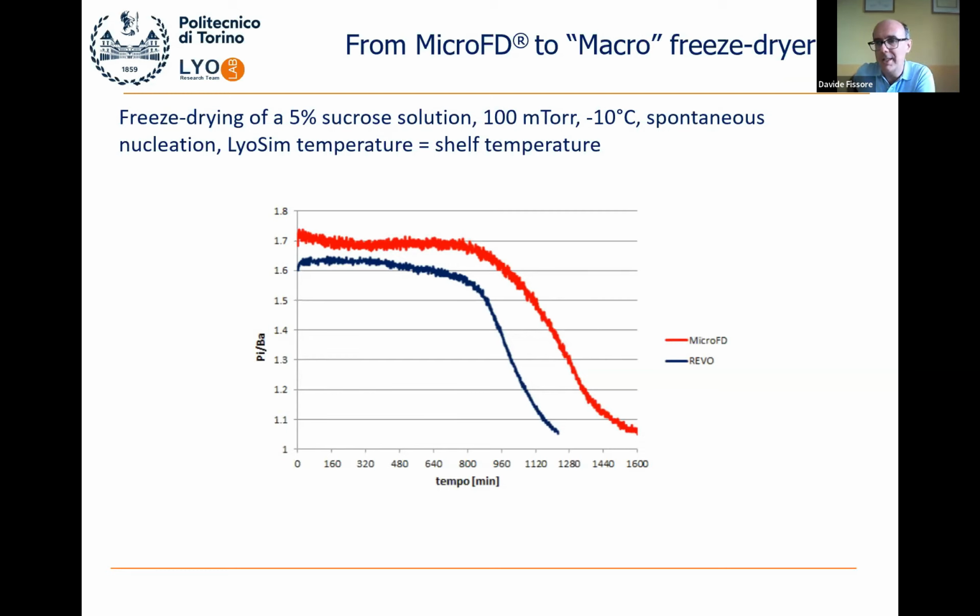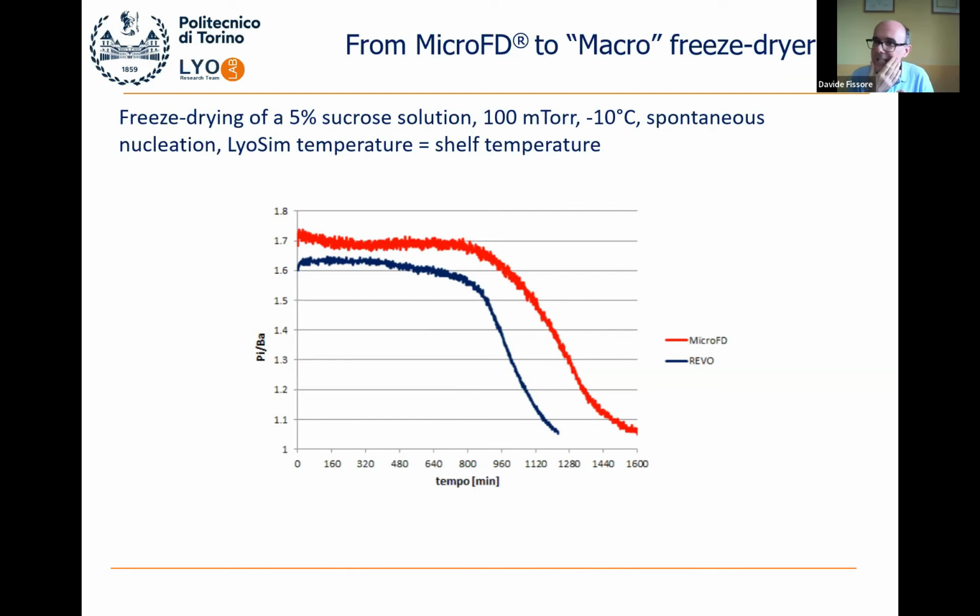Obviously, if I look at the Pirani over Baratron pressure ratio versus time, I may see that what is occurring in MicroFD is different from what is occurring in Rivo. Drying time is different.